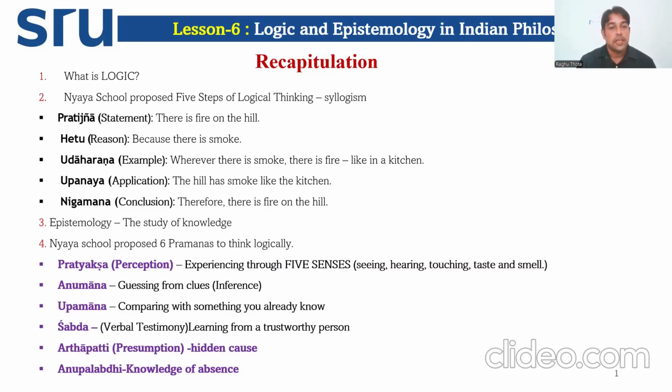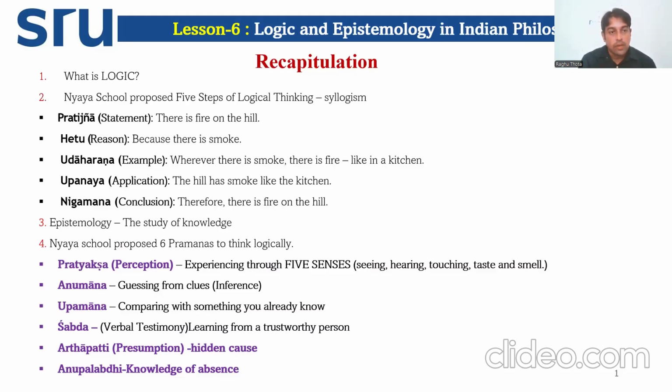Upanaya, application. The hill has smoke like in the kitchen. So similarly, like in the kitchen, the hill also may have smoke because there is a fire. Nigamana, finally come to the conclusion that therefore there is a fire on the hill. By following all these steps, we can come to the conclusion that yes, there is a fire on the hill.